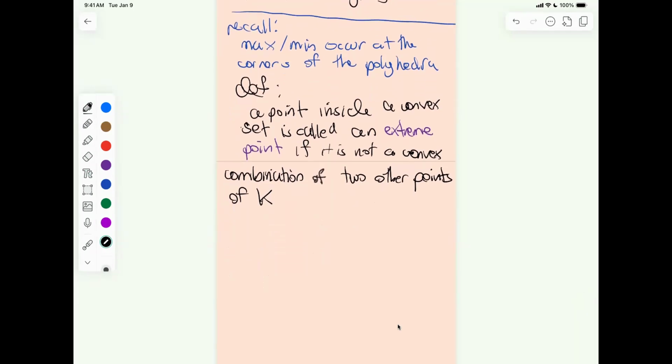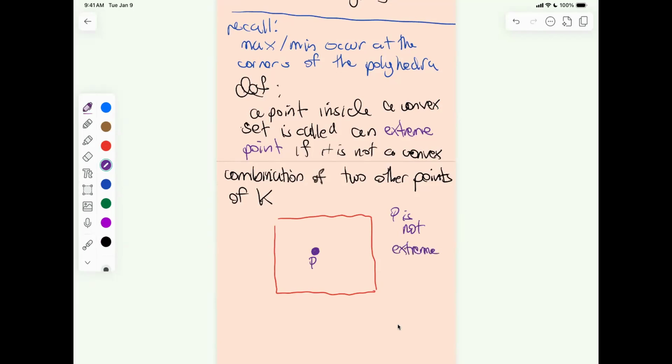Let's take something that's convex, like a square, actually, more like a rectangle in this case. If I take a point on the inside, my claim is that the point is not extreme. So I'm going to say that P is not extreme.